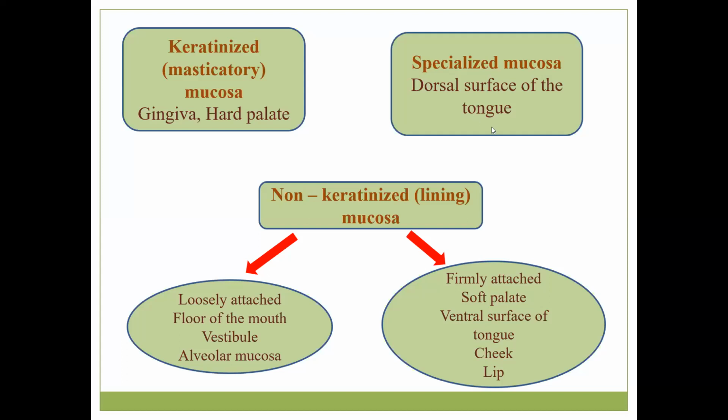And non-keratinized lining mucosa can be further divided into two, loosely attached and firmly attached. Loosely attached non-keratinized lining mucosa can be seen in the floor of the mouth, vestibule and alveolar mucosa. Firmly attached non-keratinized lining mucosa can be seen in the soft palate, ventral surface of the tongue, cheek and lip.